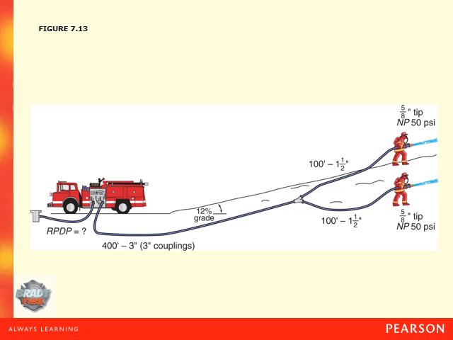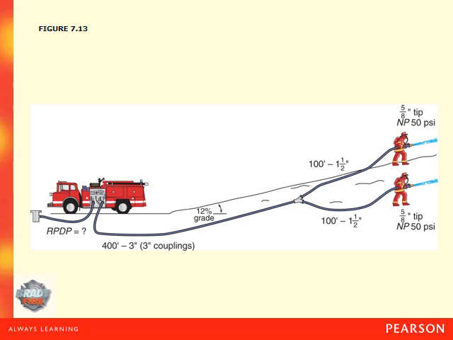Okay, so a couple of things to keep in mind. One, we are going to have to figure our gallons per minute. Two, we're going to have to figure our friction loss in one of the 1.5-inch lines, since they're, again, of equal length and we're flowing the same thing, so we only have to figure one size. And then we're going to have to figure the friction loss in our supply line, which is the 400 feet of 3-inch.